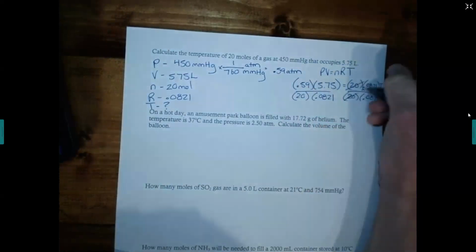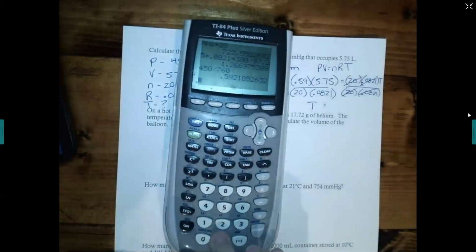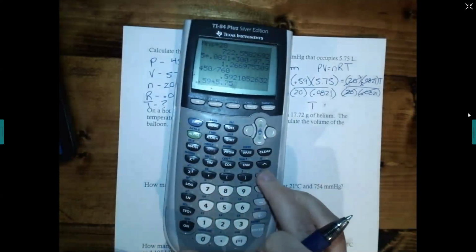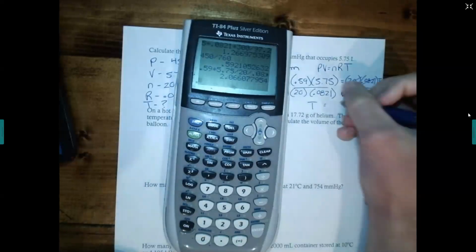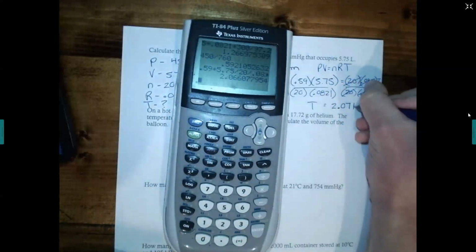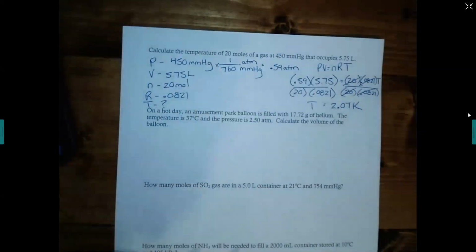So those cancel, and I can plug this in. 0.59 times 5.75 divided by 20 divided by 0.0821. I get 2.07 Kelvin. All right, on to the next problem.